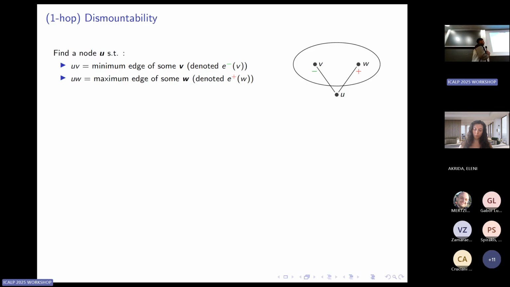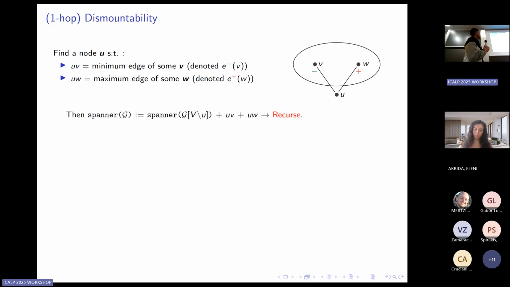Because we are in a temporal clique, and since, for example, the edge UB is the minimum for B, it means that after the time of this edge, it will still reach everyone else because it has a direct edge to those vertices.